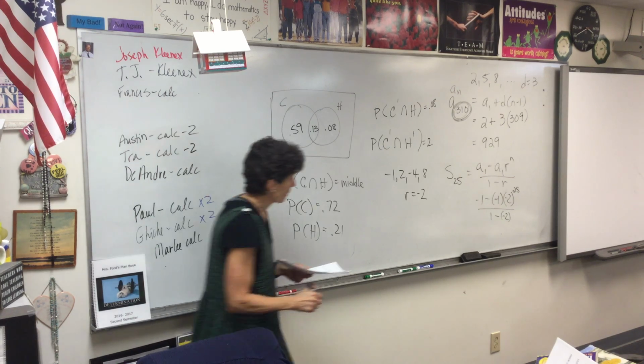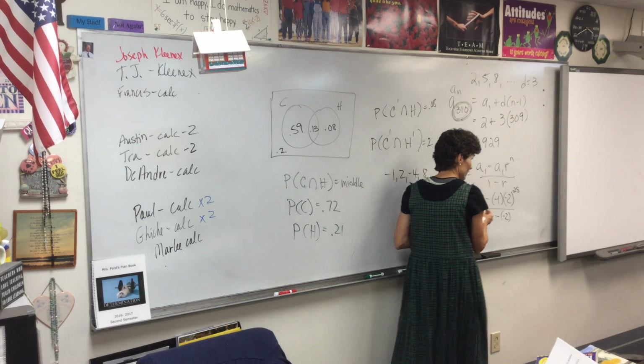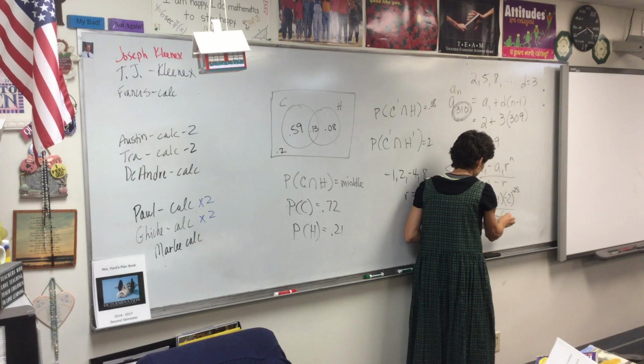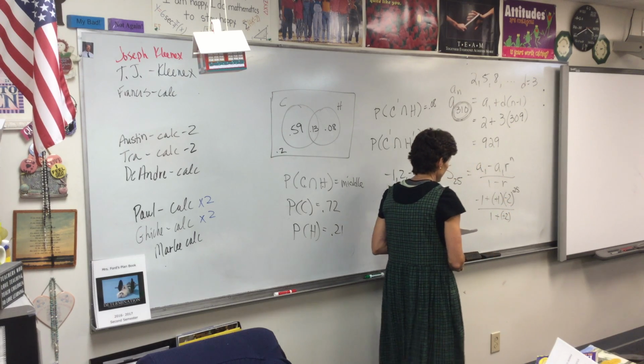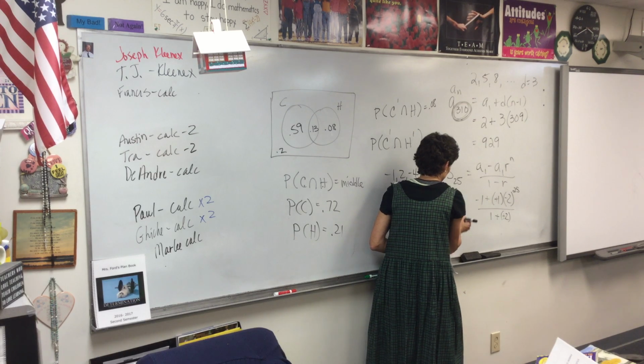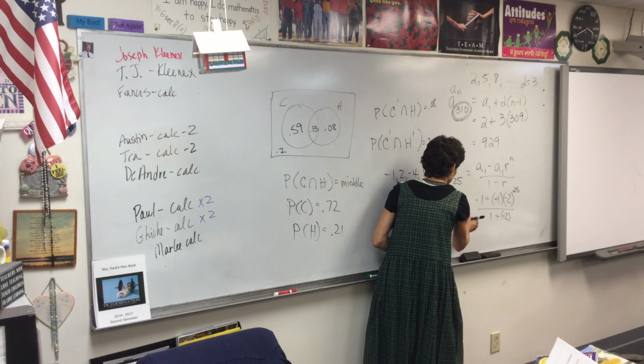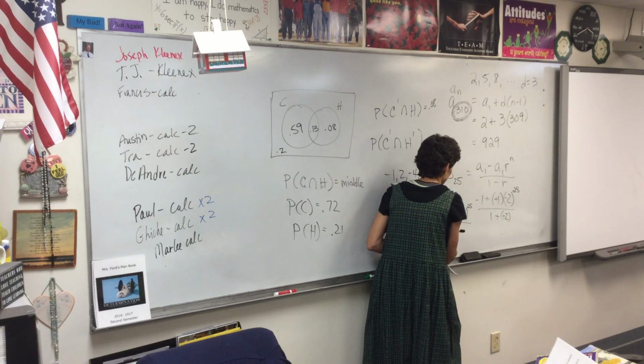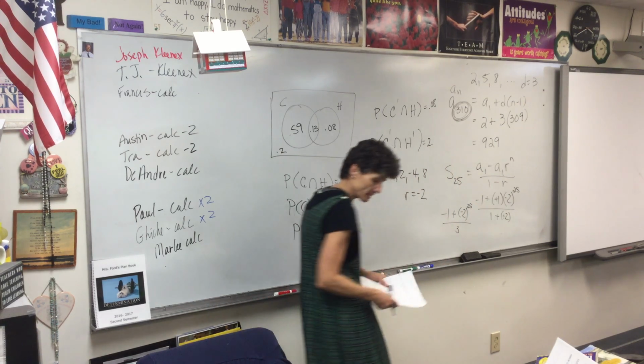All right. Now, I do notice I have a couple of double negatives. Did you notice that? So I'm going to go ahead and take care of those. So I'm going to type in -1 plus -2 to the 25th over 3. I'm going to type that in on my calculator.